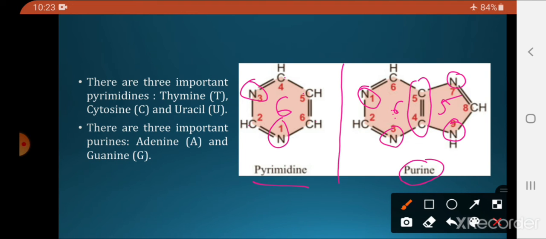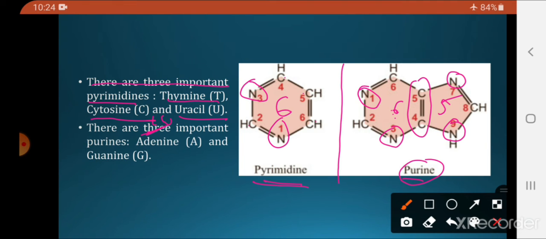Now we are talking about the nitrogenous bases. Either they are purines or they may be pyrimidines. Now there are 3 important pyrimidines. कितने important pyrimidines है? 3. Which are they? Thymine, whose short form is written as T, cytosine C and uracil U. And out of the purines, there are 2 important purines.